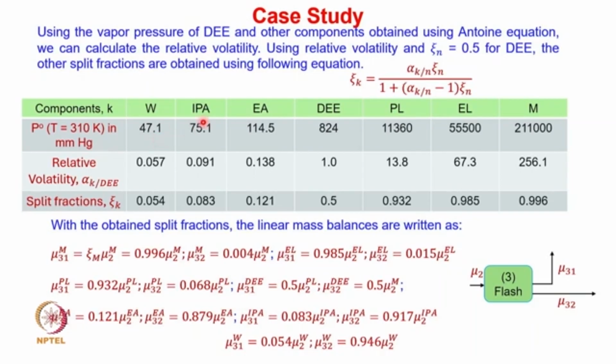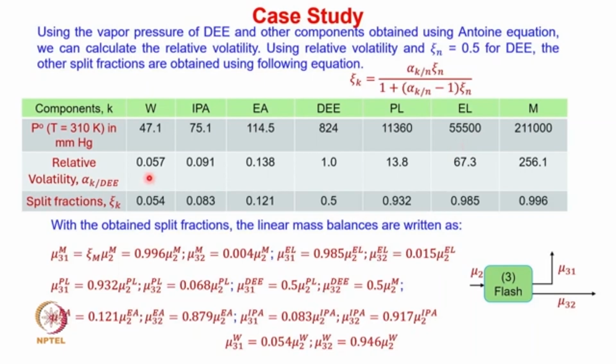So for water, isopropyl alcohol, ethyl alcohol, diethyl ether, propylene, ethylene and methane, for all these components we can calculate the vapor pressure, and the vapor pressure of the component divided by the vapor pressure of the key component, which in this case is diethyl ether, is going to give us the relative volatility. So this alpha k slash DE we can obtain directly by using the vapor pressures, which we can calculate by using the Antoine equation for a given pressure and temperature.